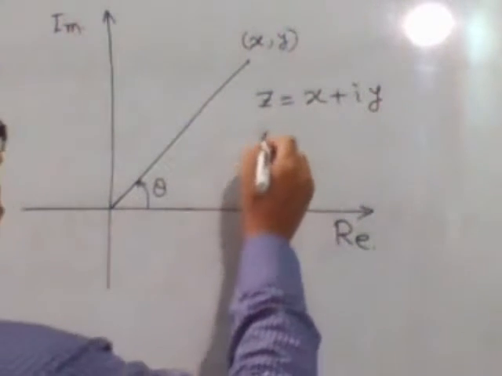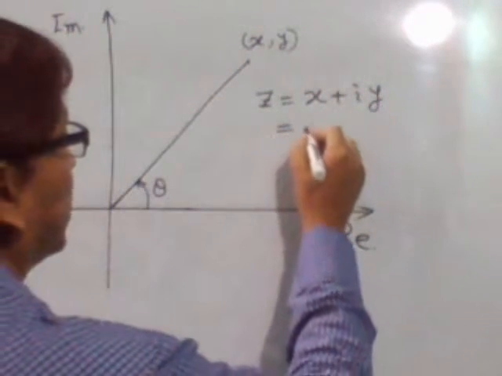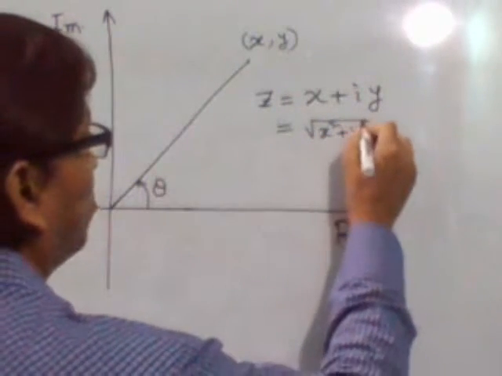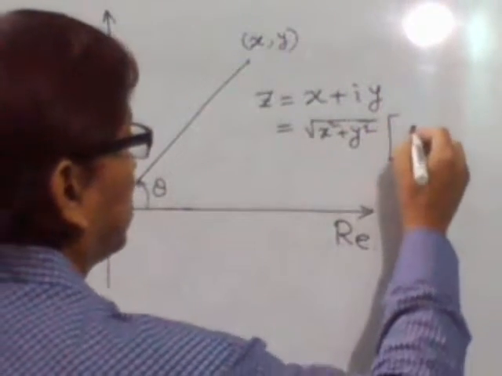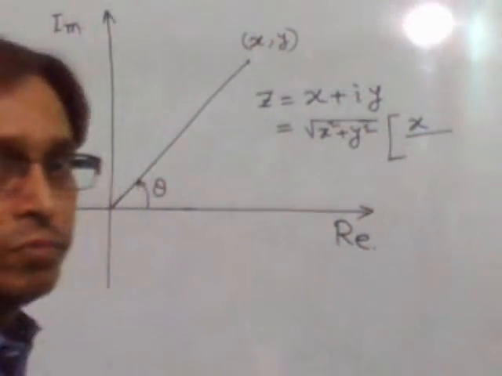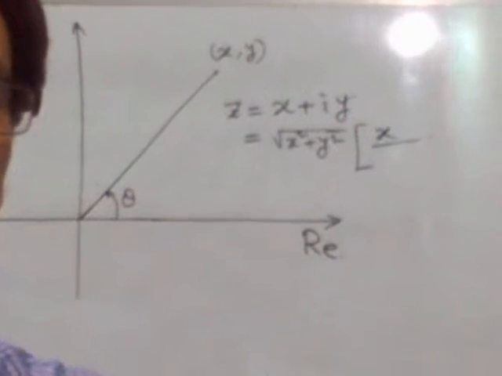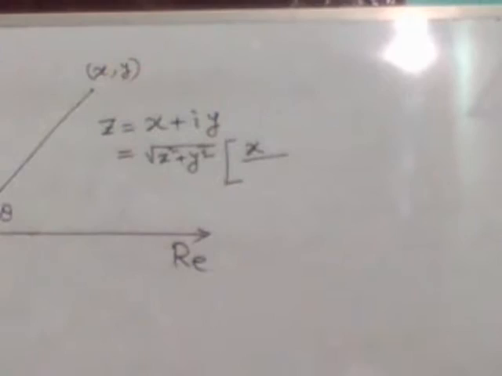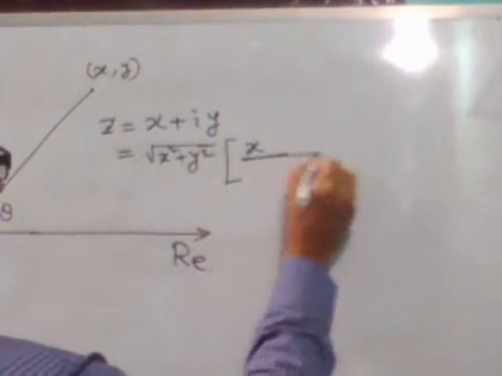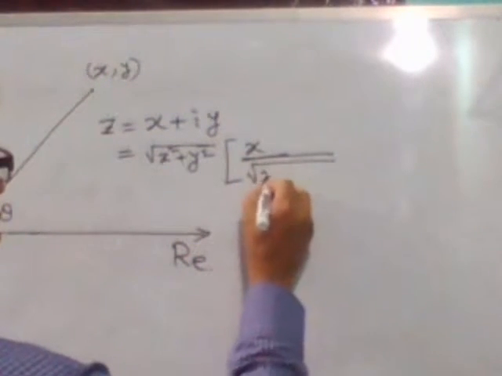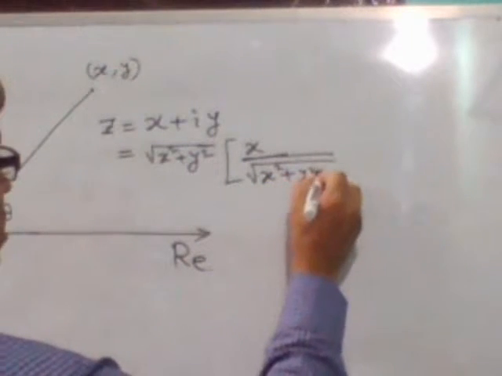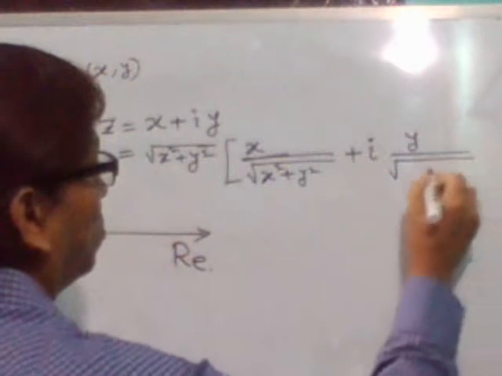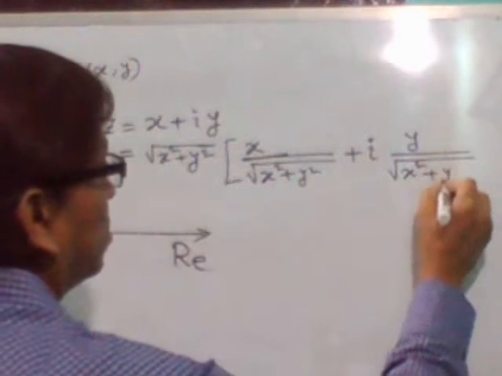Now if we take root under x square plus y square as common, this can be written as x by root under x square plus y square plus i into y by root under x square plus y square.